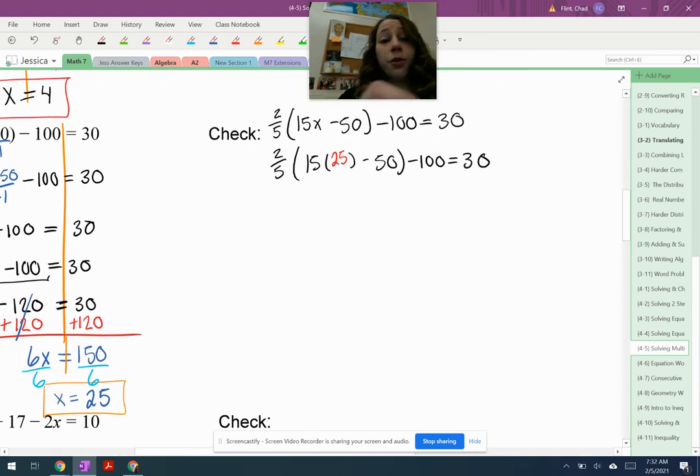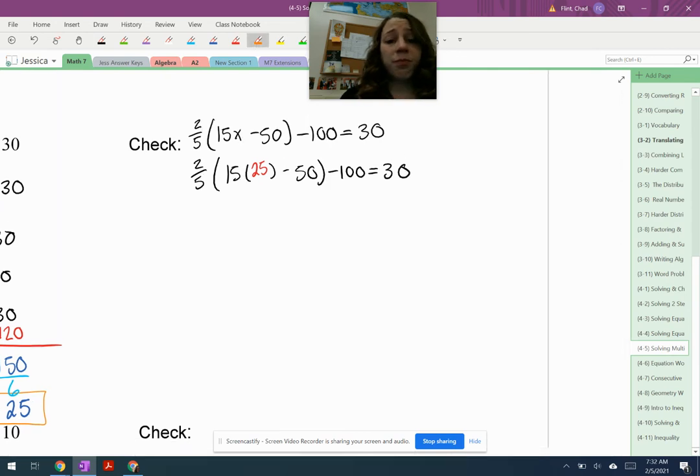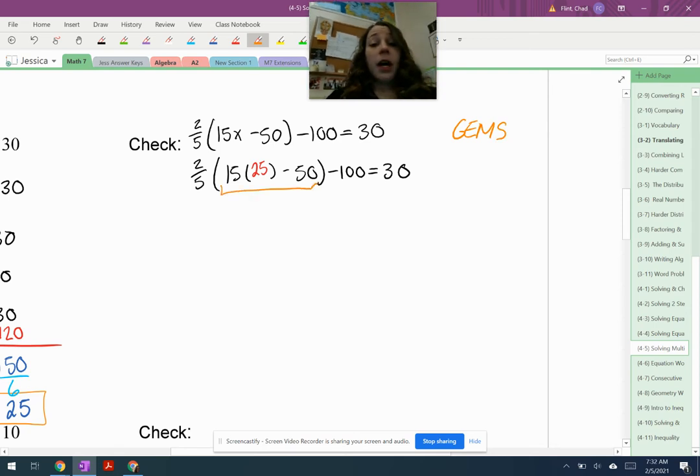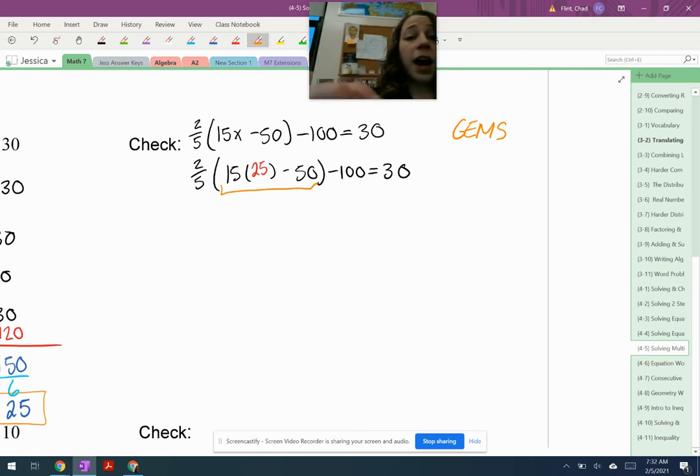And again, following order of operations from this point. Groupings first, which would be inside of here. Within the groupings, I still need to follow order of operations. So before doing that subtraction, I need to start with the multiplication of 15 times 25, which gives me 375.